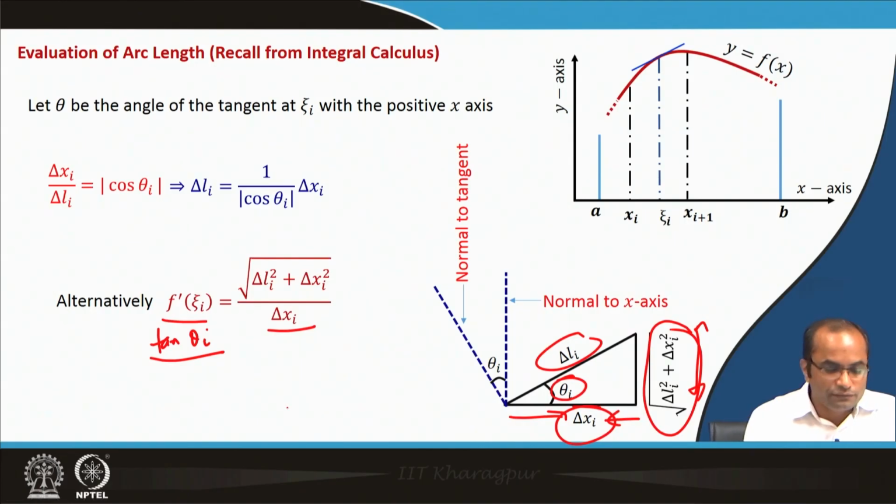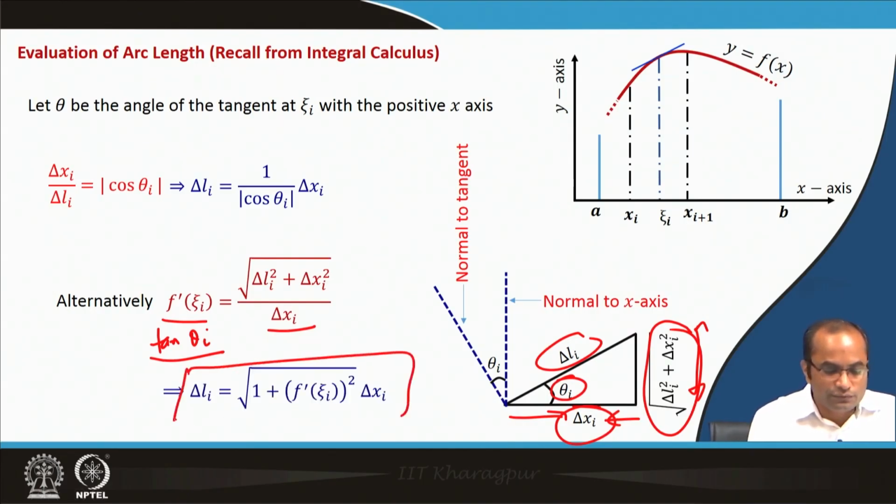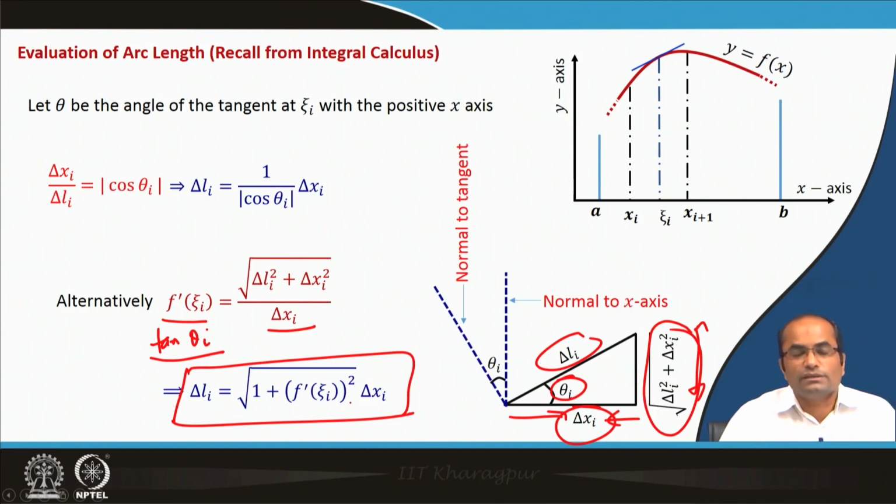Then from here we get that delta L I is equal to the square root of 1 plus f prime square times delta x I. So, this is also a familiar expression for delta L I.